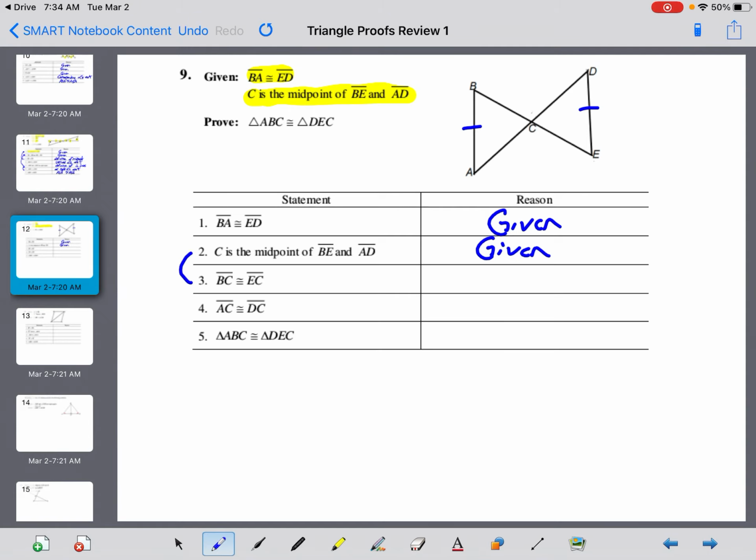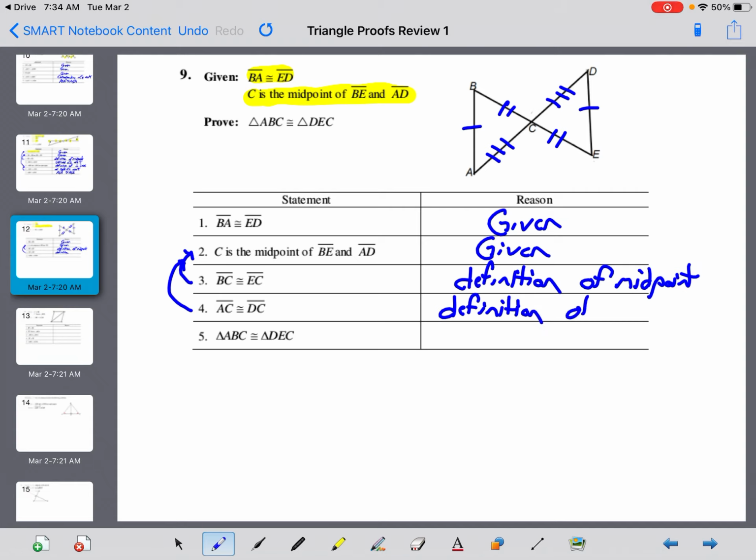Okay, now these two statements are going to play off of statement 2, that BC is congruent to CE and that AC is congruent to CD. Okay, and we're just gonna write definition of a midpoint. And from what I see in the picture, we have side, side, side, congruent to side, side, side.